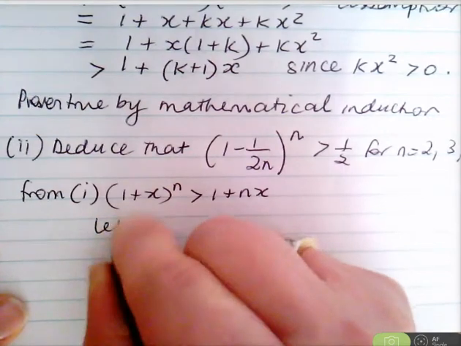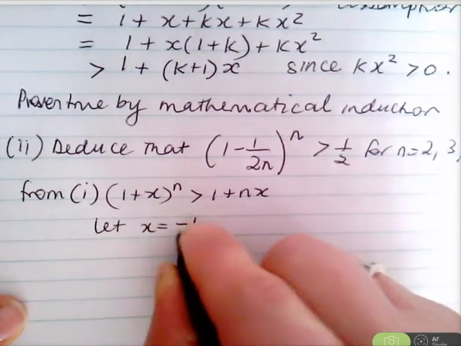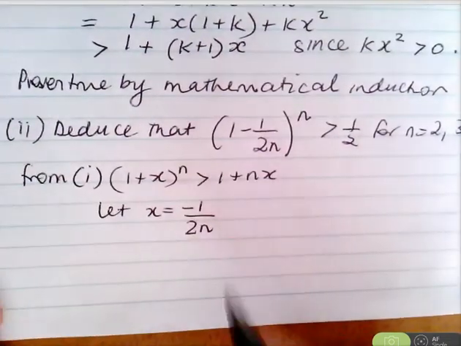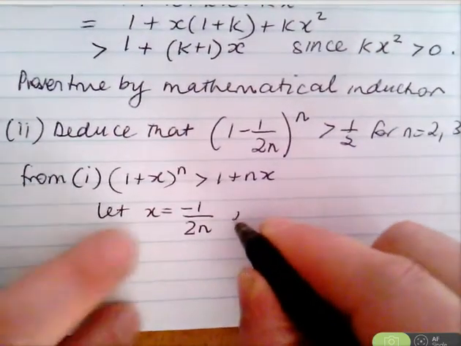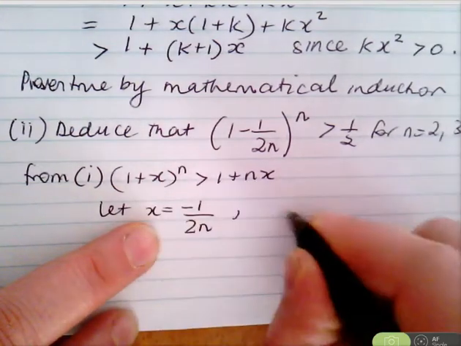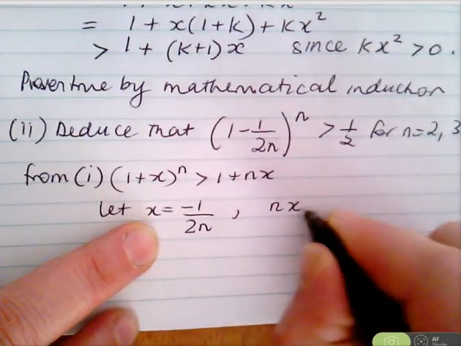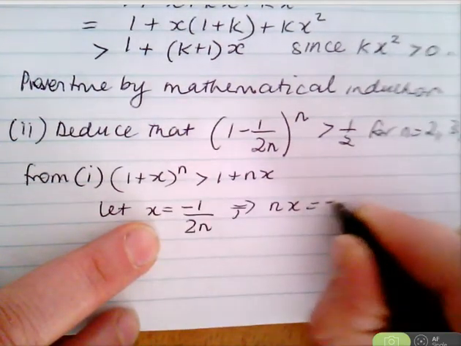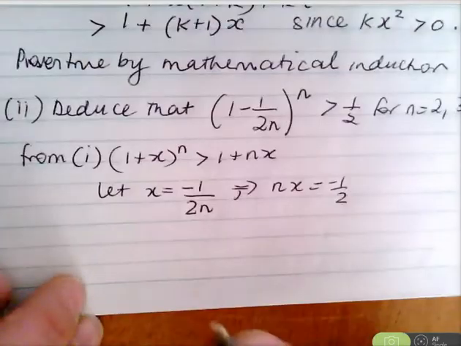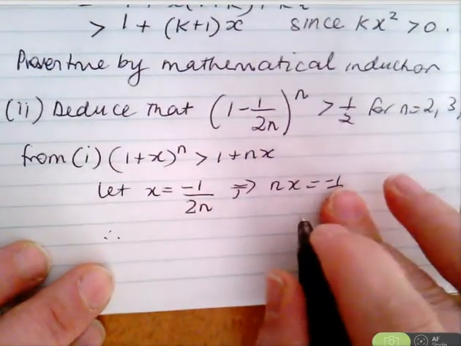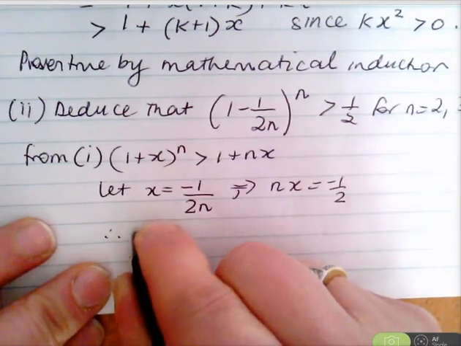So if we let x equal negative 1 over 2n and substitute it in here, we need to come up with an expression for nx as well. So nx will equal negative 1/2 as well.